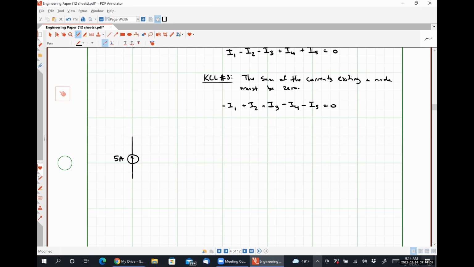So let's say that we have a 5 amp source in parallel with a 10 ohm resistor in parallel with a 1 amp source in parallel with a second 10 ohm resistor in parallel with a 6 amp source like so.